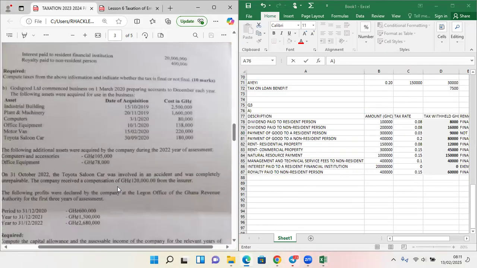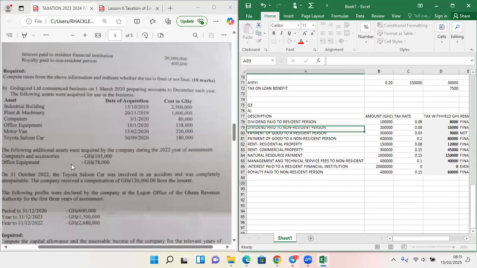Let's go to the next one. God's Food Limited commenced business on 1st March, preparing accounts to December each year. The following assets were acquired for use in the business. This was even treated in our tutorial set, I think set 4 or so.